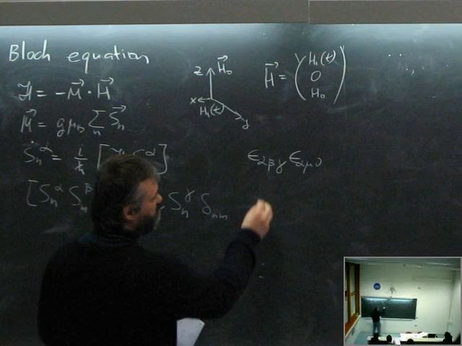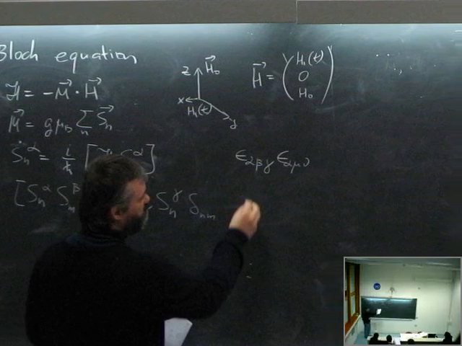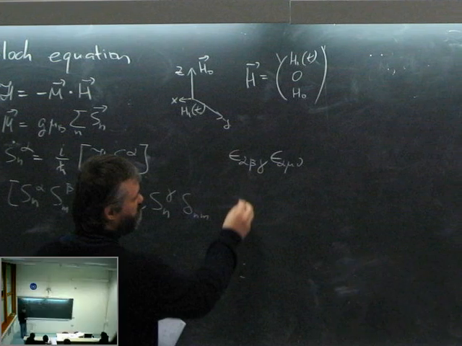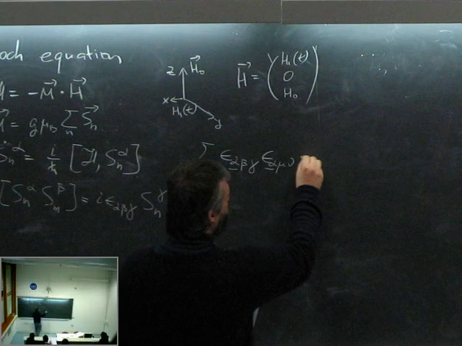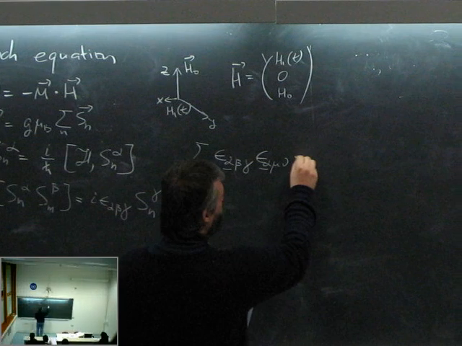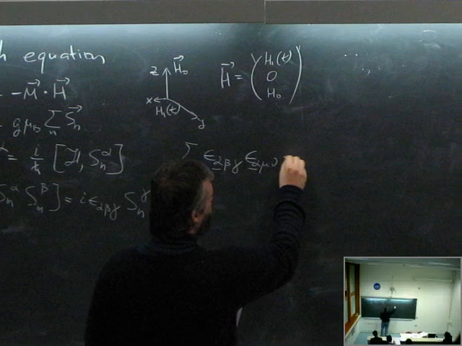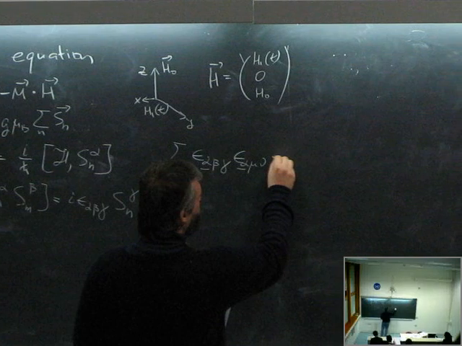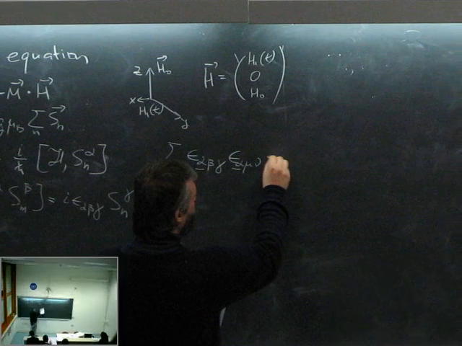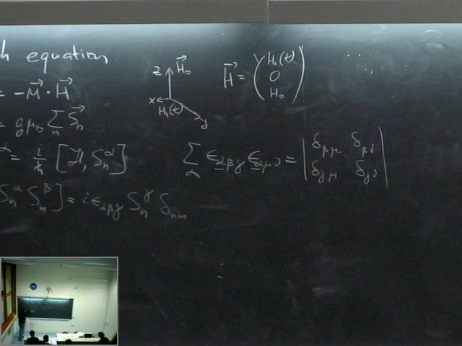So this is sum over alpha. Do you know what it is equal to? It's equal to a determinant based on the Kronecker symbols: delta beta mu, delta beta nu, delta gamma mu, delta gamma nu.